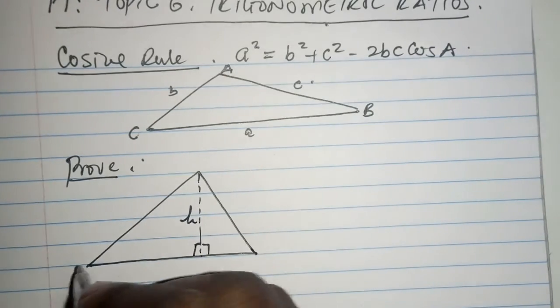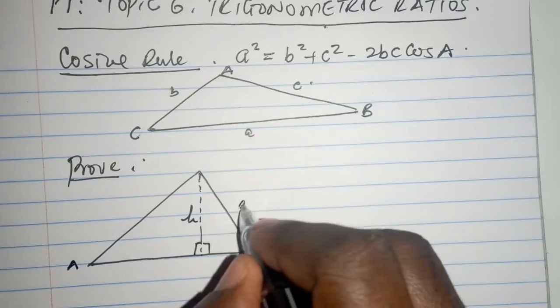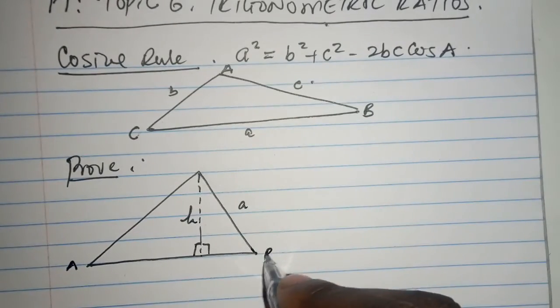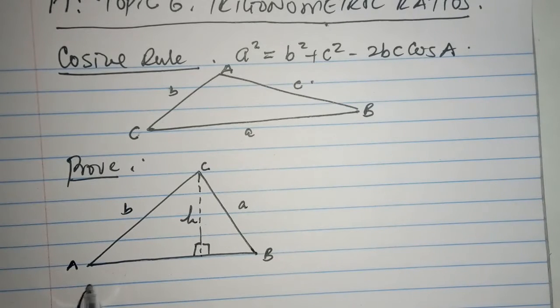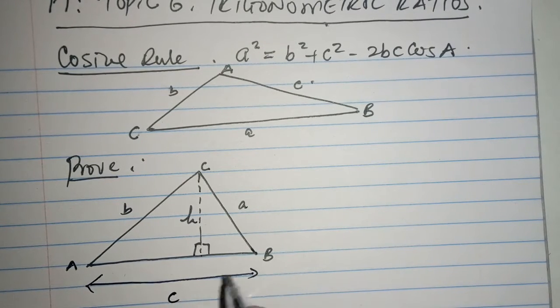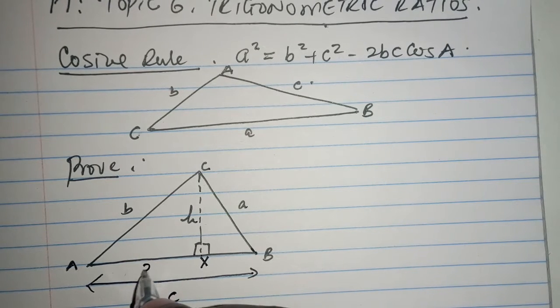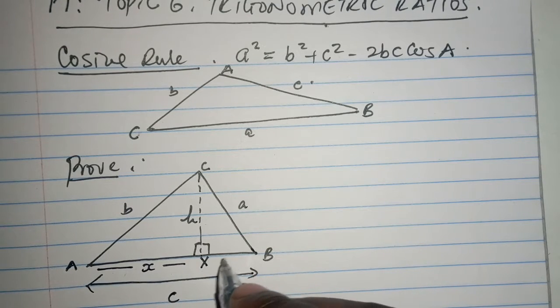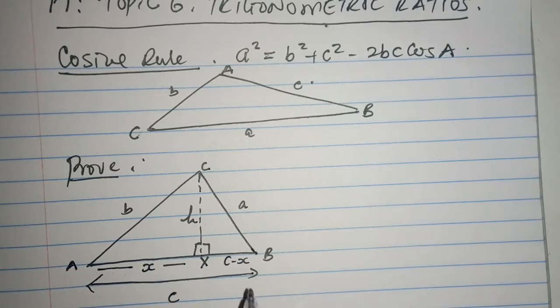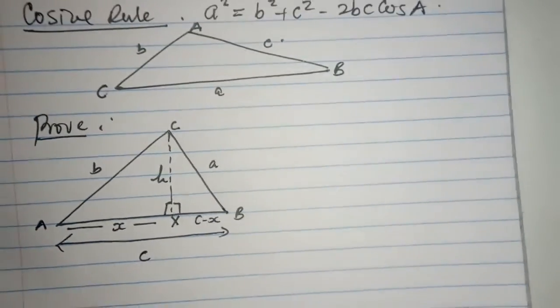This is vertex A, this side is a, this is vertex B, this side is b, and this is vertex C. The whole of this side is c, but because it is divided at point X, one part is x and the other part is c minus x.